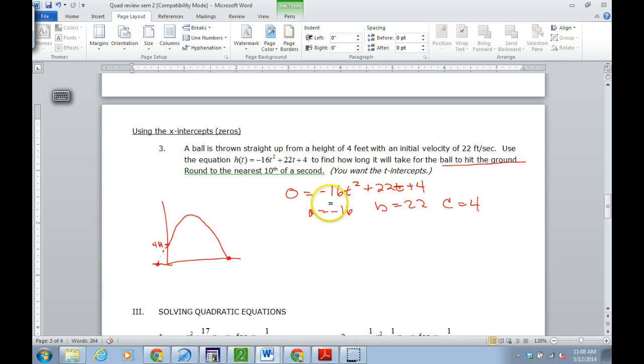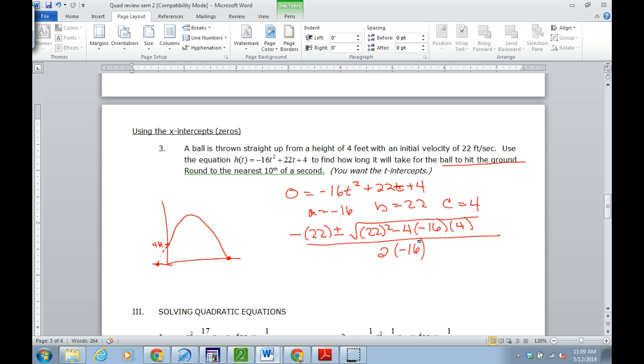Okay? So we're using the quadratic formula, so we don't have to. So this will be negative 22 plus or minus the square root of 22 squared minus 4 times A, which is negative 16, times C, which is 4, all over 2 times negative 16.